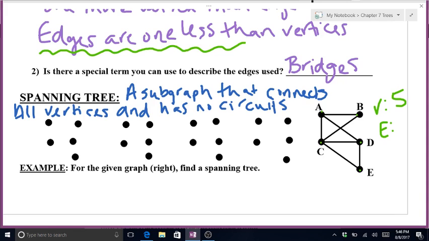Edges are 1 less than vertices. So if I have 5 vertices, that means I need 4 edges that connect these points. So I can do something like this. A connects to B, A connects to C, C connects to E, E connects to D. 5 dots, 4 edges, I have a tree.